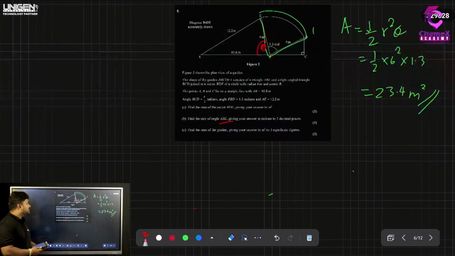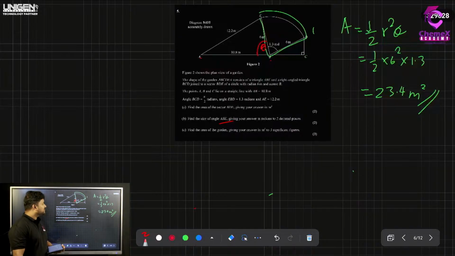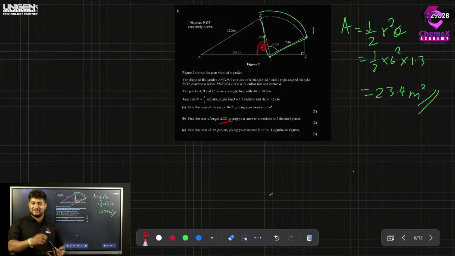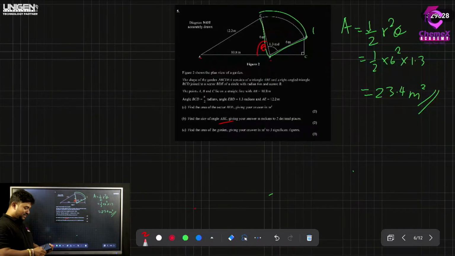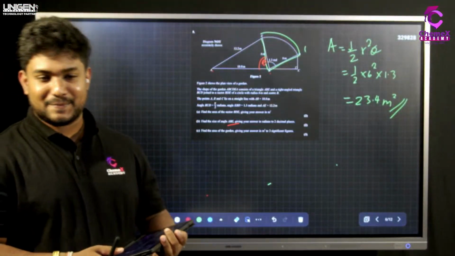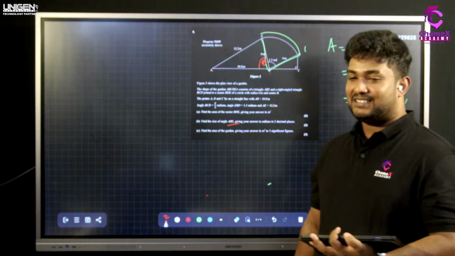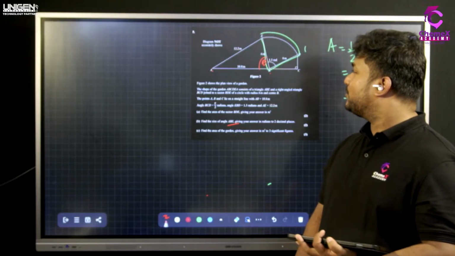By looking at it, you should know what the rule is. What's the rule to use to get the angle? So the sine rule.